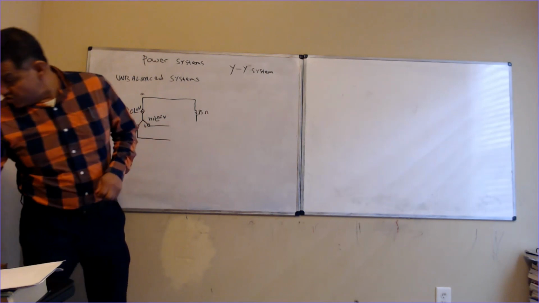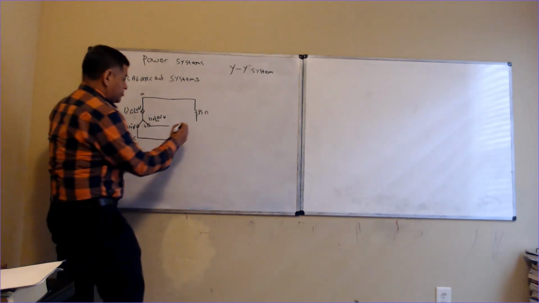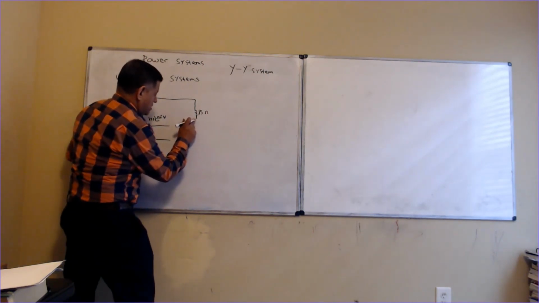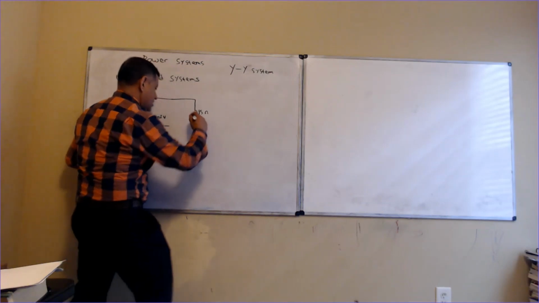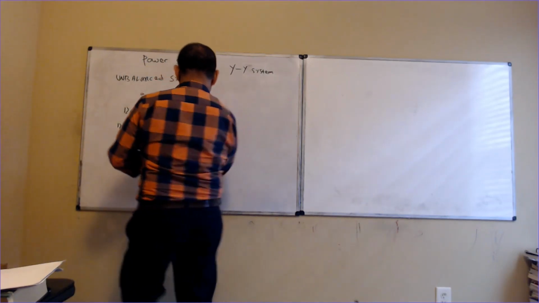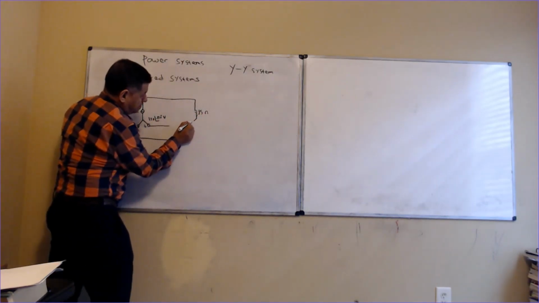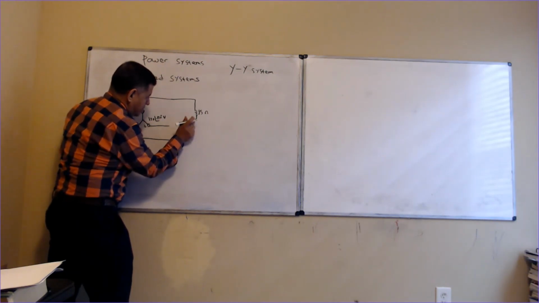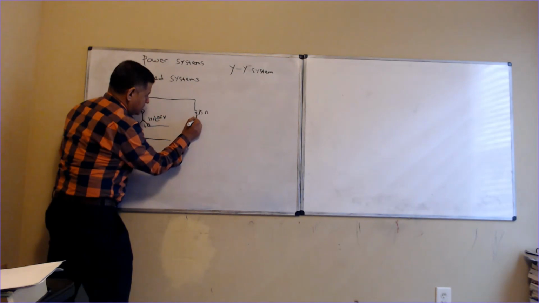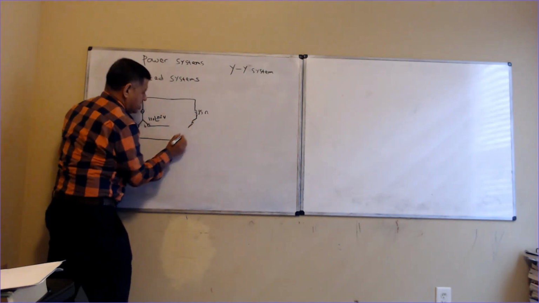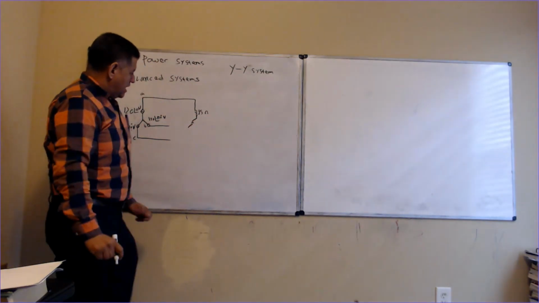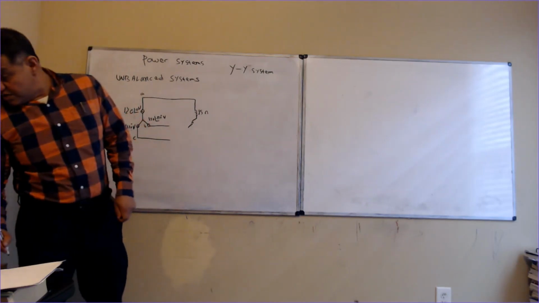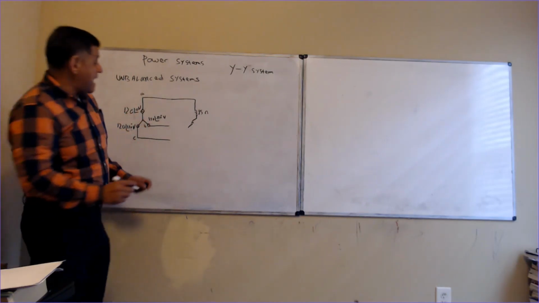And right down here, we have a resistor that comes like this, and then we have a capacitor.